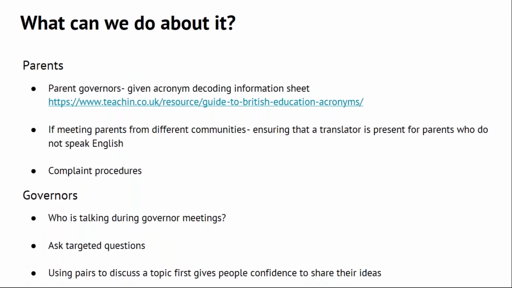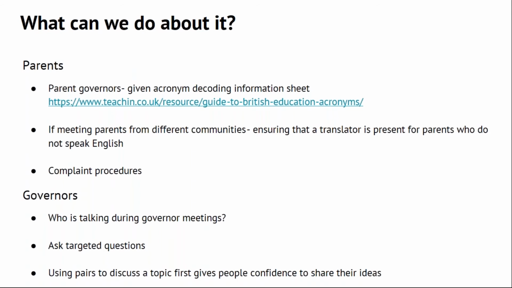So creating resources, there's lots out there. I've just added one below for you, and just making sure that if there is an acronym used in governors' meetings, that they're explained so that it's inclusive.